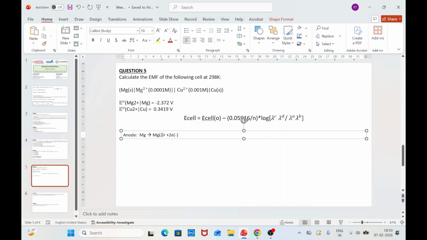So that is the anode oxidation reaction. And then you have the cathode, which is nothing but copper 2 plus accepting the 2 electrons from the anode and gets reduced to copper solid, and this is magnesium in solid form.